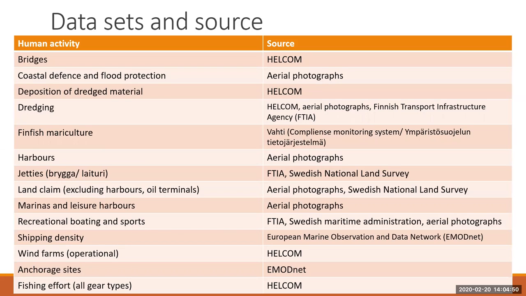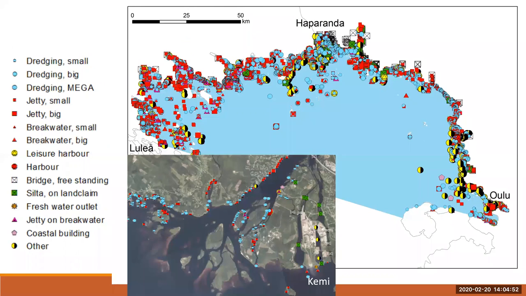Next I'll talk a little about the aerial photographs which Metsähallitus did. So basically for the whole area, they looked at photographs and marked all the interesting sites. And as you can imagine, it took some time.